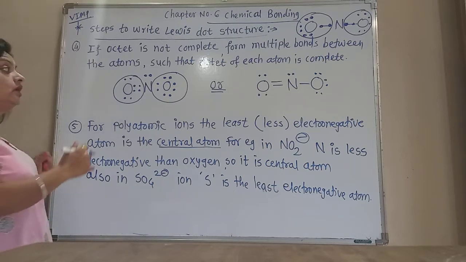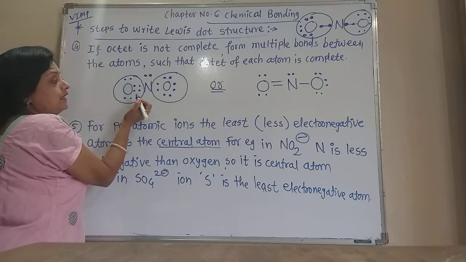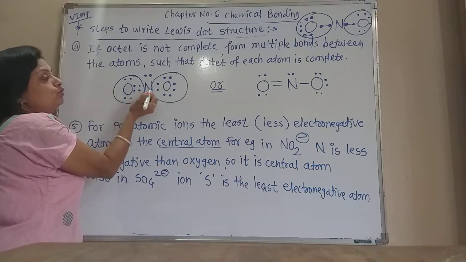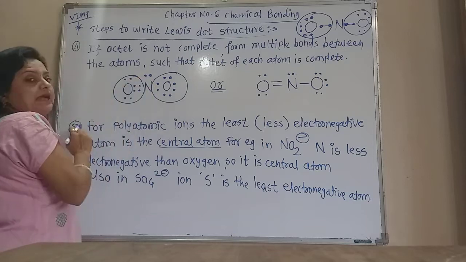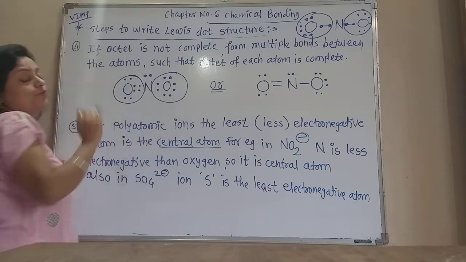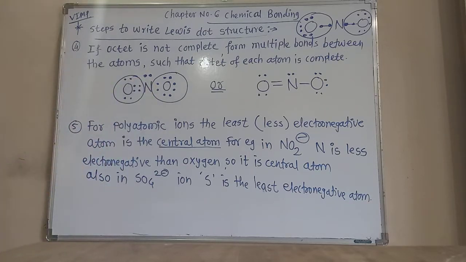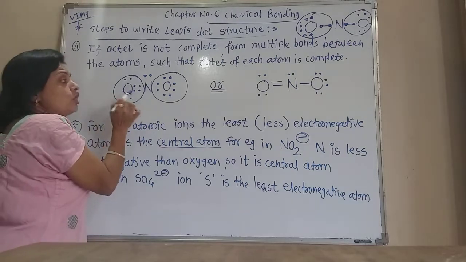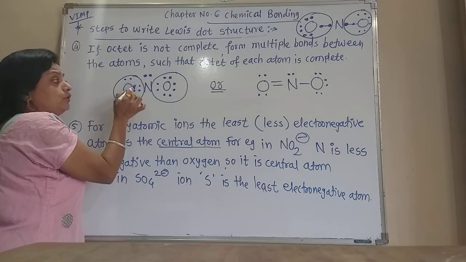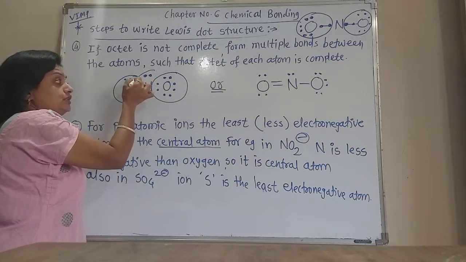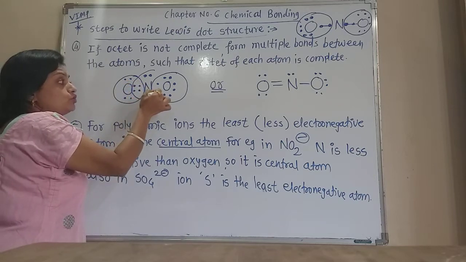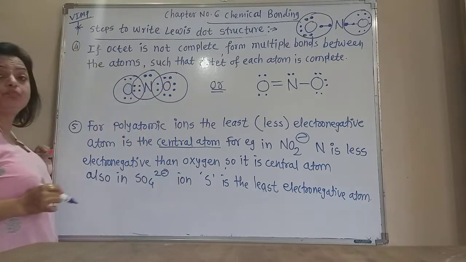Now this nitrogen has 5 electrons of its own valence electrons, and 1 electron is for its negative charge. So how are there 5 electrons? 1 2 3 4, and this 5, and this remaining 1 electron for the negative charge. In this way here also nitrogen completes its octet, because here is the double bond. So these electrons belong to nitrogen also.